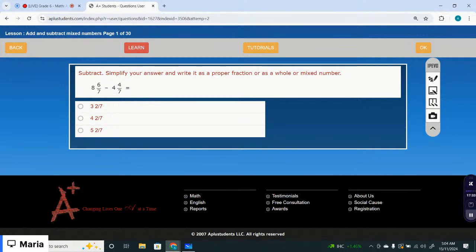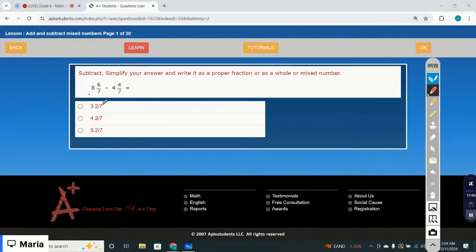8 whole 6 over 7 minus 4 whole 4 over 7. Add whole number to whole number and add fractions to fractions. So 8 minus 4 is 4.